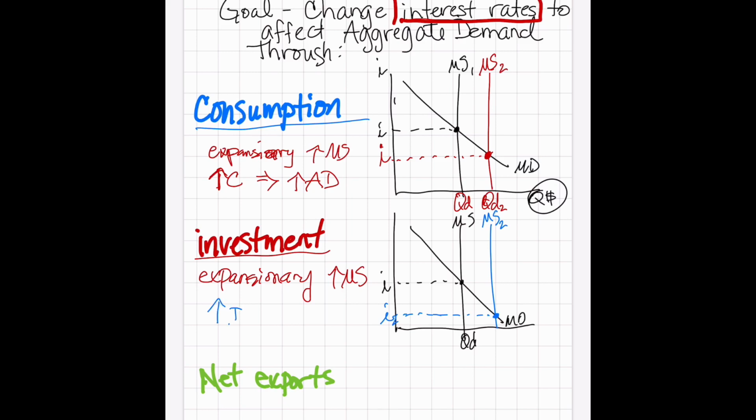and as a result, investment is one of those components of aggregate demand, and we would see an increase in aggregate demand. Finally, our last one is a look at net exports. And the way net exports are targeted here is, again, through the interest rate. But really what we're trying to do is change the American interest rate relative, or the domestic, I should say, interest rate relative to the interest rates of others.